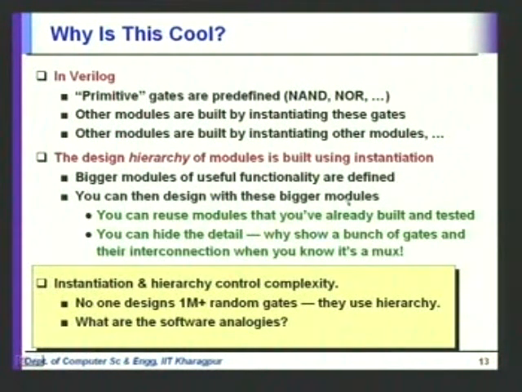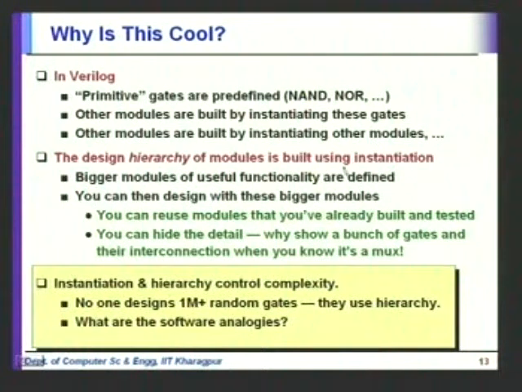Why is this cool? This is cool because you can define modules in whatever way you like and then reuse them, right? So other modules are built by instantiating the primitive gates, and then you can build other modules by instantiating other modules, right? So you can hierarchically build up your design.